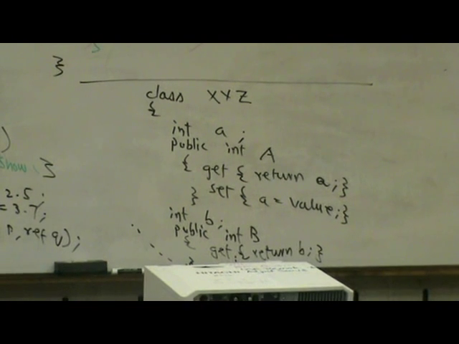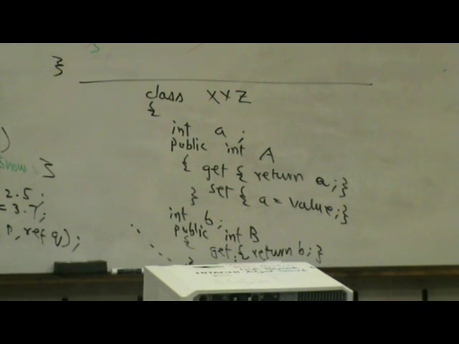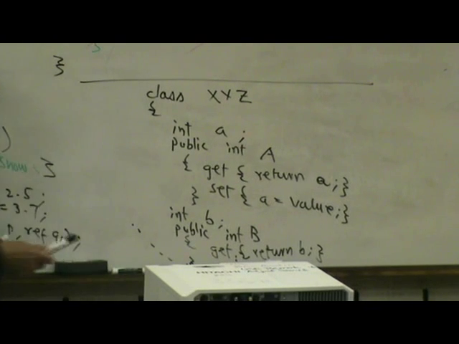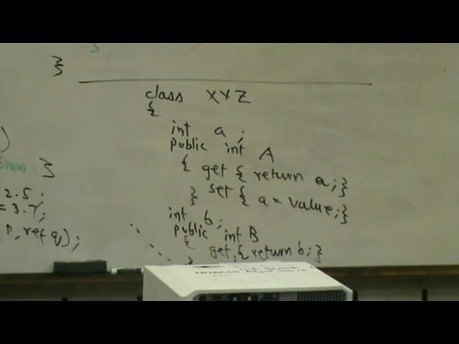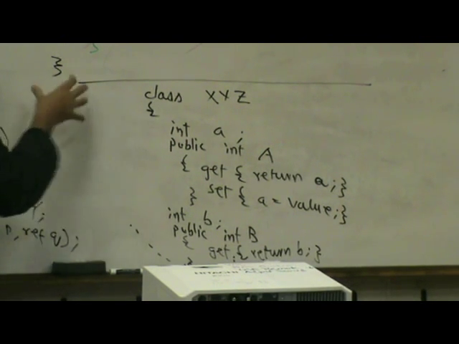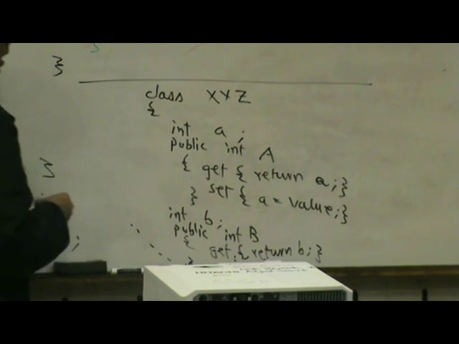So let's pretend sometimes you wanted the A field over here to be integer. Sometimes you wanted the A field to be double. Sometimes you wanted it to be a string, right? So rather than keep creating one more class, and you may call it XYZ2 or XYZ3, and keep changing this data type, right?